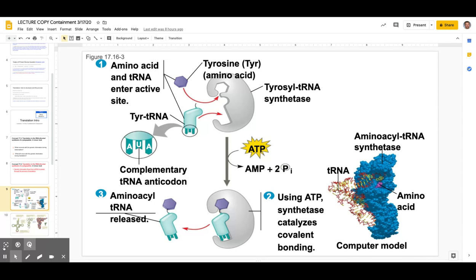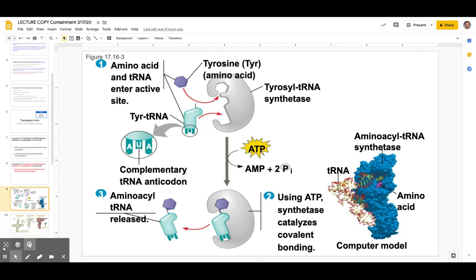Each tRNA molecule must translate a given mRNA codon into a certain amino acid. This is possible because the tRNA has a specific amino acid at one end of the molecule, while at the other end is a nucleotide triplet that can base pair with the complementary codon on the mRNA.